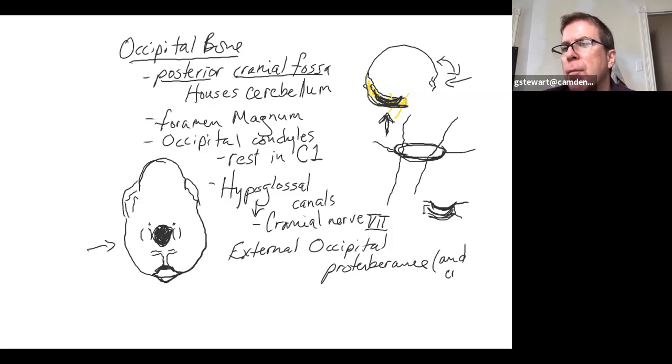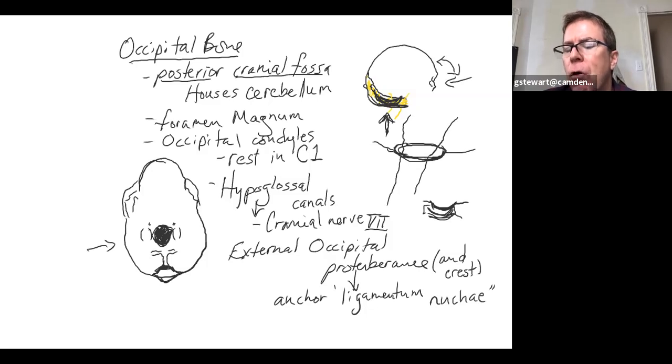These are anchoring points for a very important ligament. They anchor something called the ligamentum nuchae.